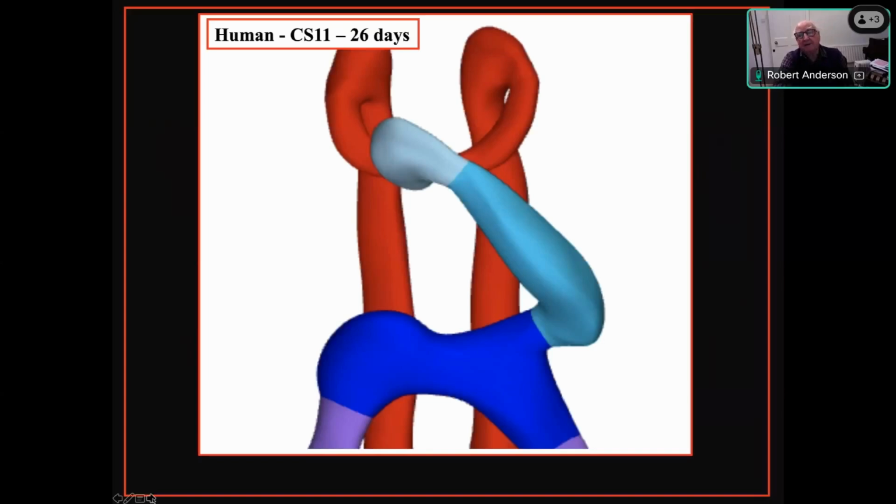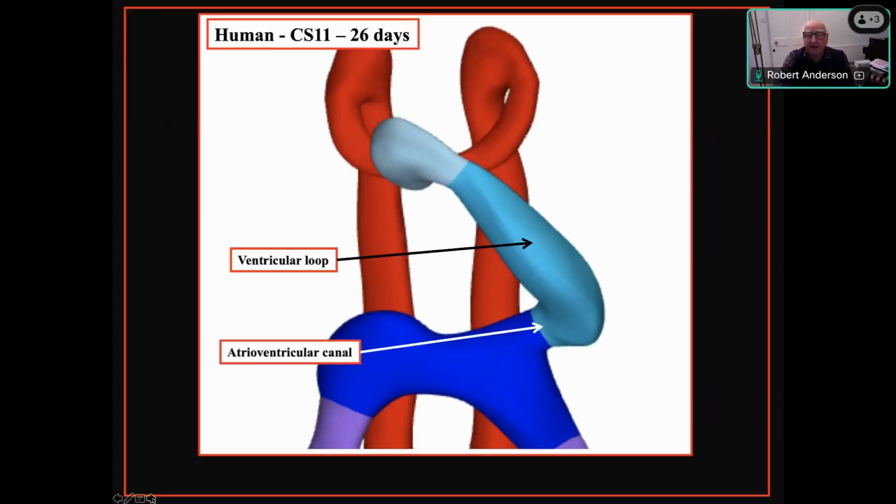Here is the situation at the end of the 4th week of development, very early in development, when we have formation of the ventricular loop. And when we look at that ventricular loop, coming to its inlet end is the atrioventricular canal, and taking origin from its distal end is the outflow tract.